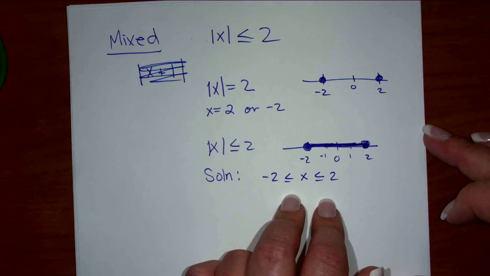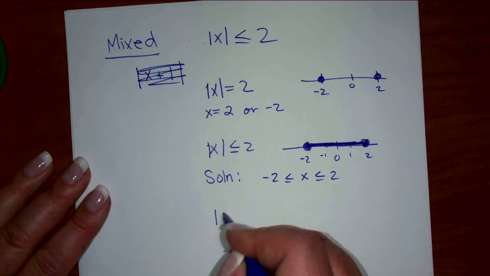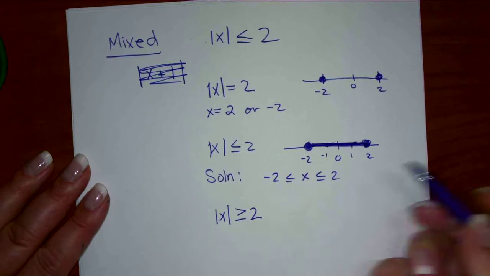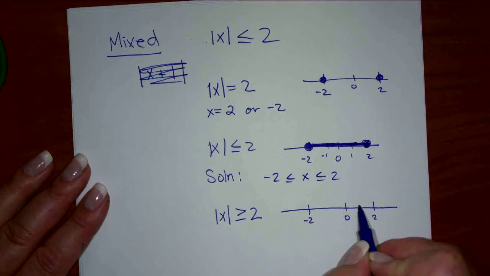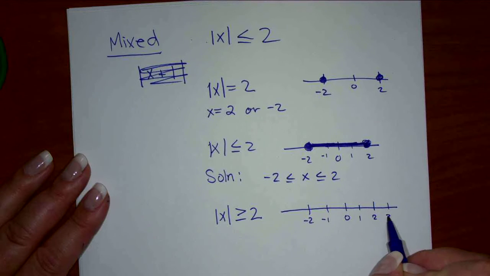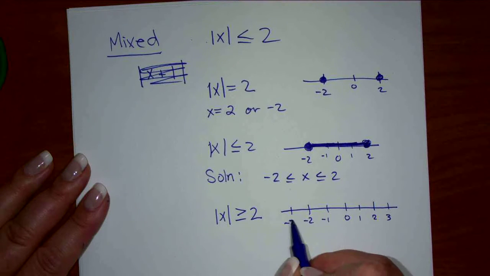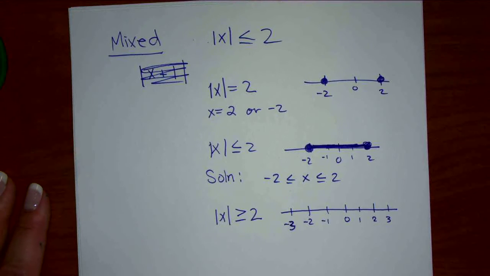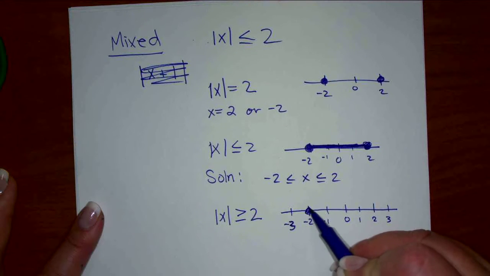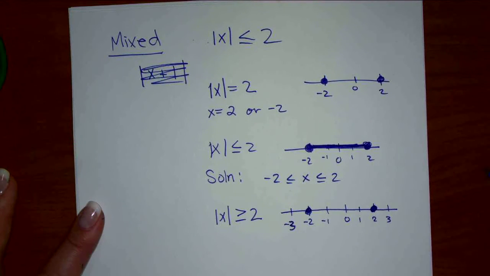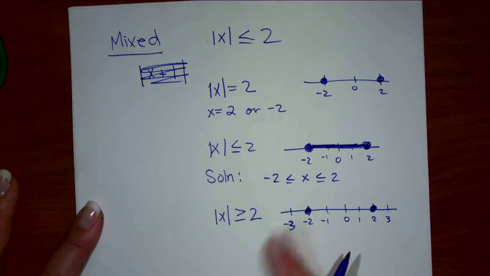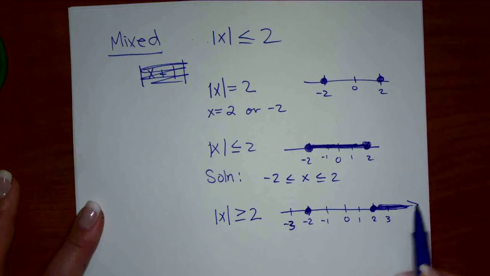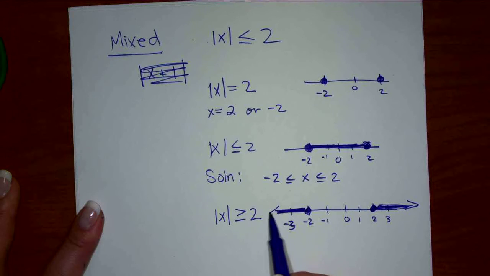So what would greater be? 2 and negative 2 still work because they're equal. And then greater would be further beyond those, not in between. So 3 would work. 3 is further away, and so is negative 3.